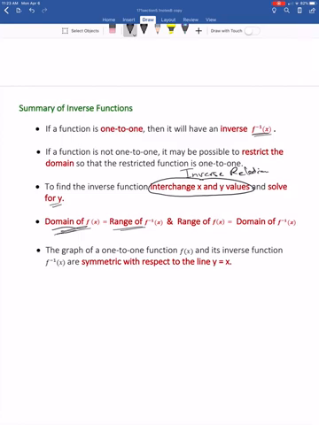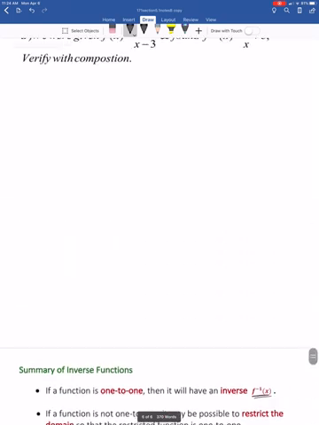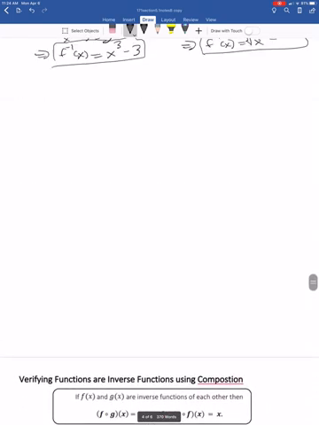So, for example, the domain of f of x is equal to the range of f inverse of x, and vice versa. The range of the f function will be identical to the domain of the f inverse function. And remember, inverse functions are always symmetrical to the line y equals x. Right? And that's what we were talking about at the end, checking our work graphically, seeing that symmetry line.